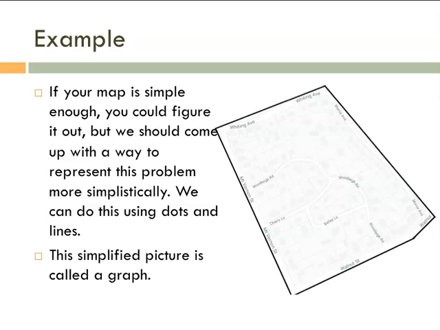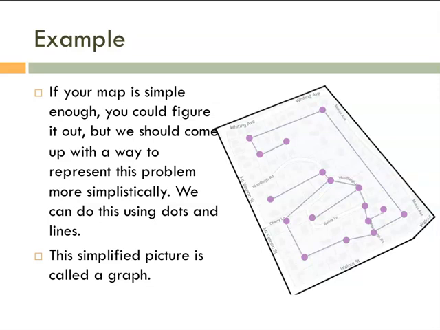So by coming up with these dots, these points, most of them you'll see are at corners or at the ends of roads or where there's a turn, and then connecting them with lines, we can simplify this problem, and this lawn inspector will be able to come up with an efficient route in order to minimize the amount of time that he needs to take in order to look at all the lawns.